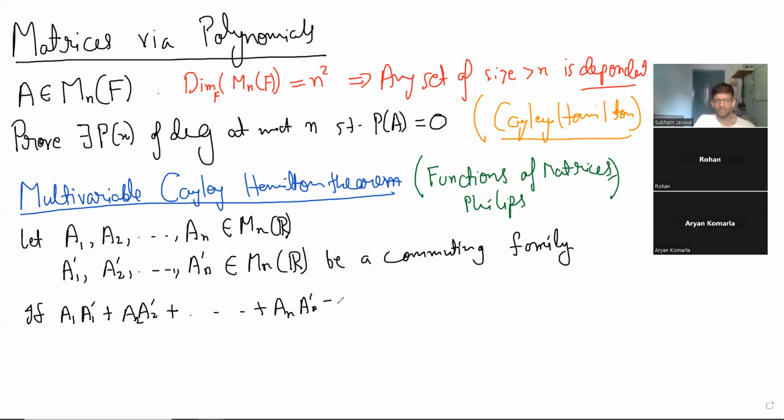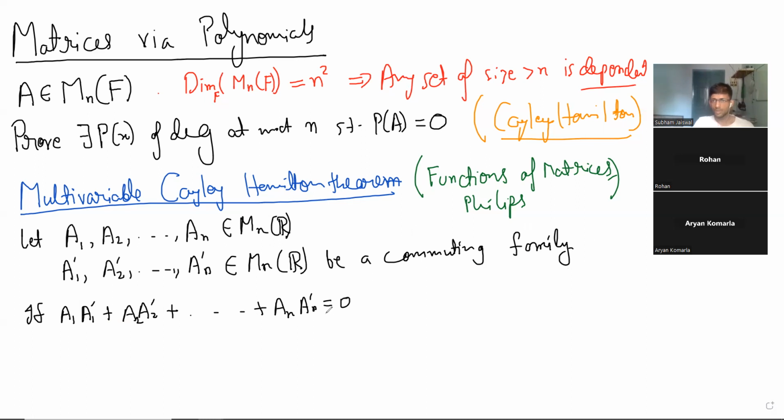The analogy of this with usually these are all numbers, and so you can think of these a1 prime, a2 prime, and an prime maybe as variables, and these as coefficients, but everything is now coming from matrices, not from numbers. Okay. This commuting is sort of important. You will see.